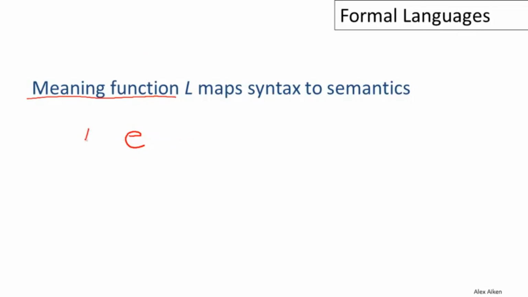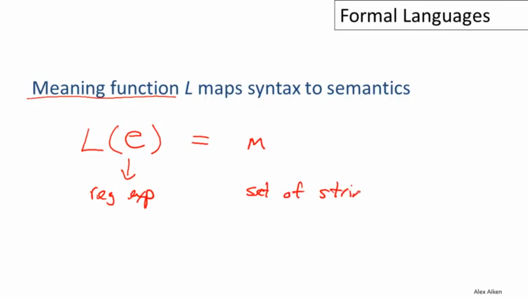And so we have a function L that maps the strings in the language to their meanings. For example, in the case of regular expressions, this would be a regular expression, and that would be mapped to a set of strings, the regular language that regular expression denotes. And we saw an example where we wrote out the meaning function for regular expressions last time.